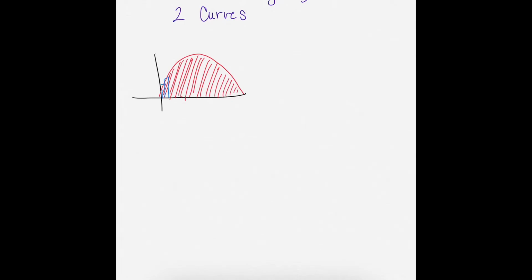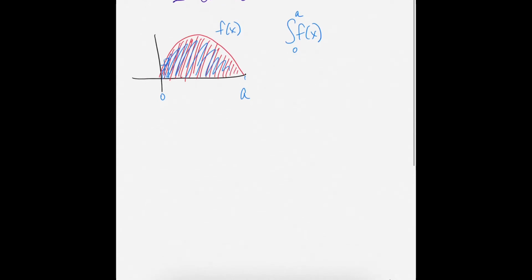Okay, but then we learned with integration that if that function is f of x, if we integrate f of x from 0 to a, we would get the area under the curve. Exactly. No estimation there.